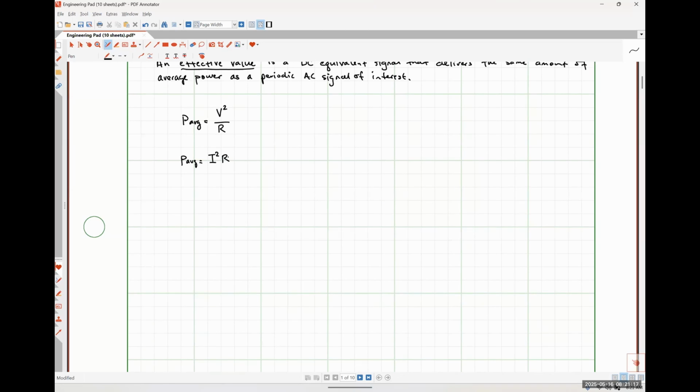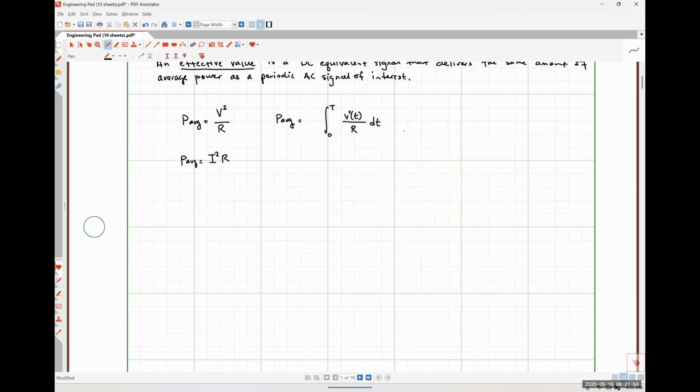So if we had a generic periodic AC signal, I could say that my average power would be the integral from 0 to T of my periodic voltage waveform squared divided by my resistor value with respect to time.